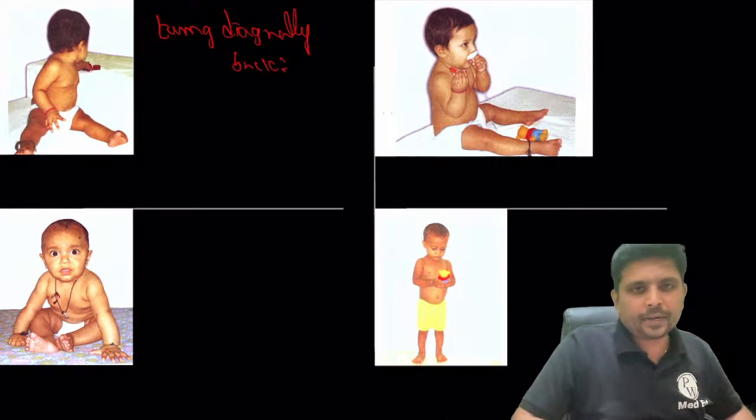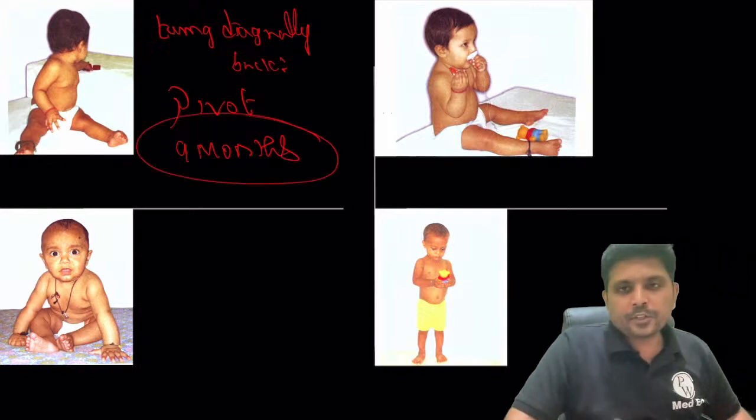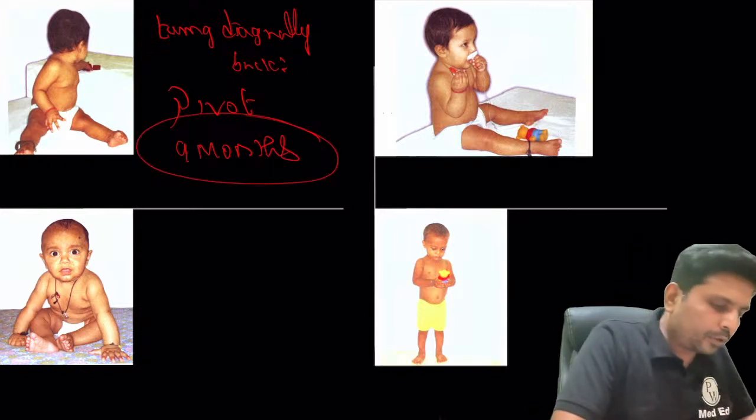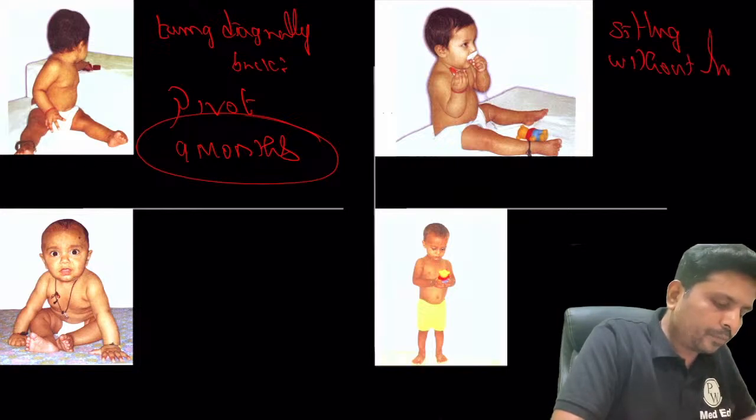Diagonally back. This is called pivot, by about 9 months. Sitting without support, 8 months.